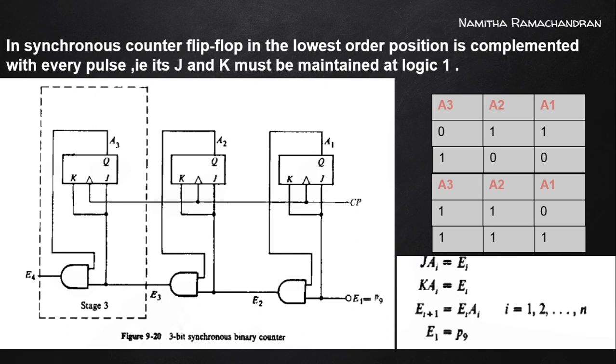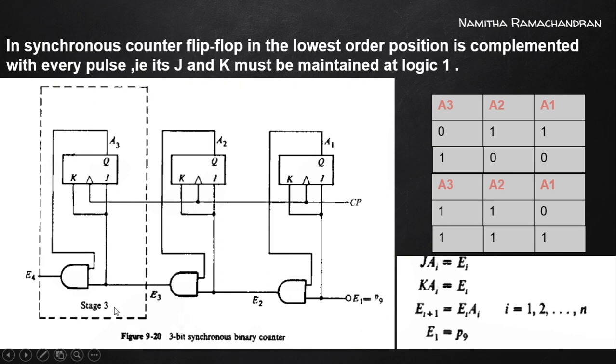Okay, in order to perform this increment operation, P9 becomes 1, which is directly connected to the first JK flip-flop input. So this J and K become 1 and the present value of A1 is ANDed with this E1 value and generates E2. This E2 decides the next state for A2, and present value of A2 and this E2 value are ANDed and generate E3.